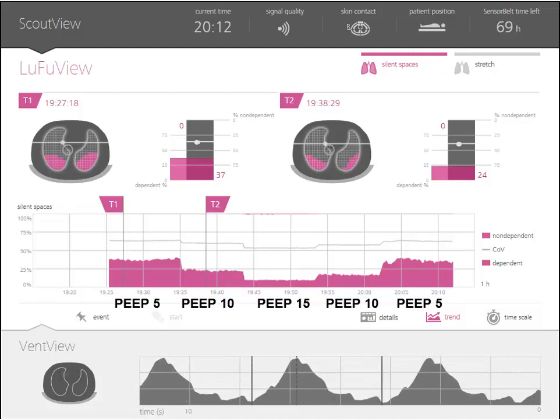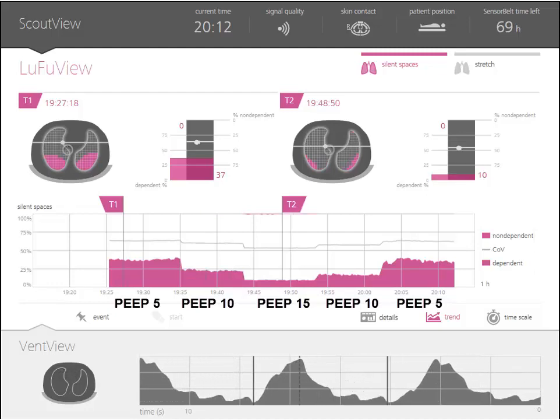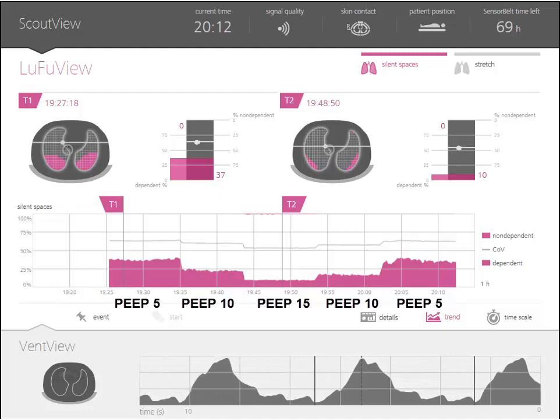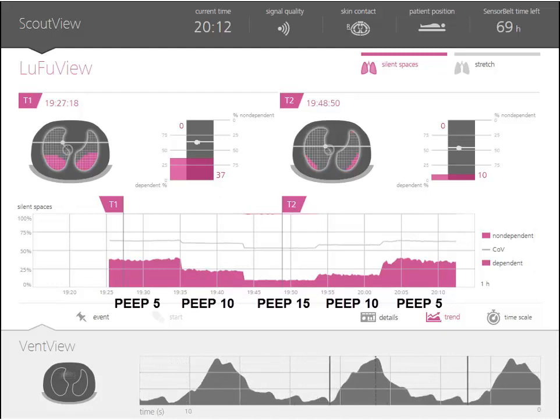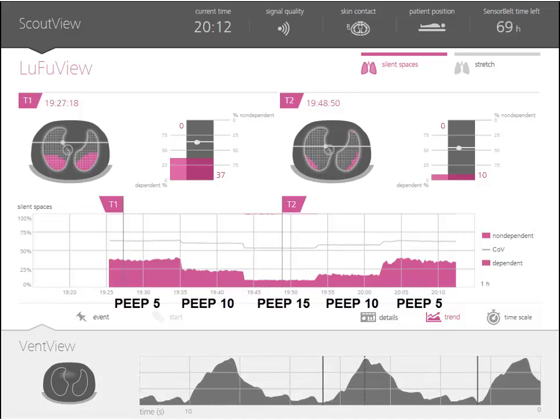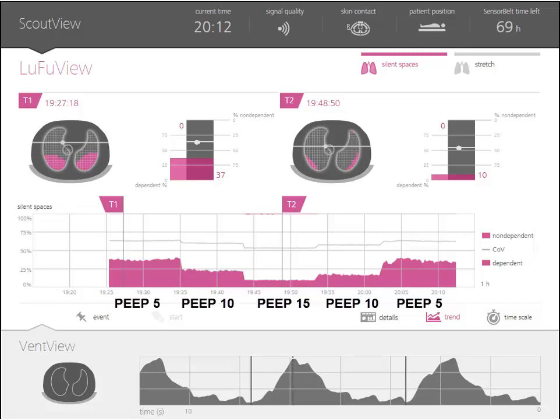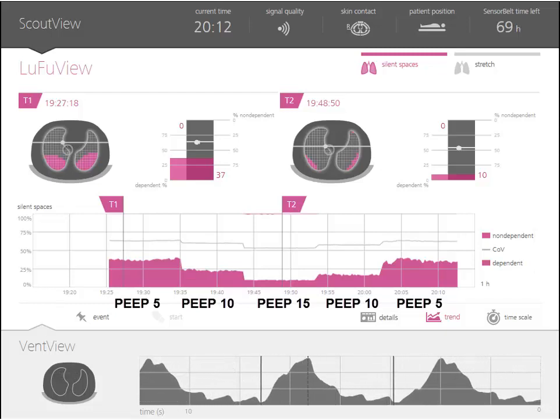At PEEP 5 centimeters of water, silent spaces cover 35% of the lung. At PEEP 10 centimeters of water, dependent silent spaces decrease to 24%, and at PEEP of 15 centimeters of water after the recruitment, they reach their minimum value of 10%.